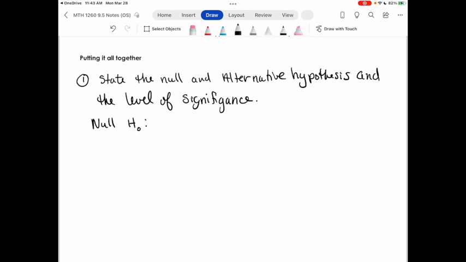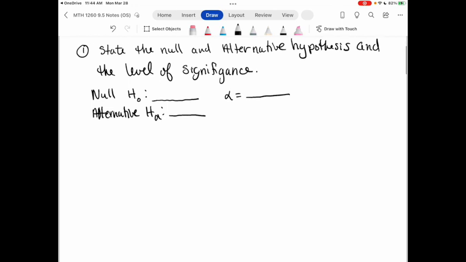So you'll say what the null is, which will be noted as H sub 0, and then you'll have some statement here. Then you'll have the alternative, which you'll have your HA, and then you'll make your statement here, and then of course you'll have your level of significance. So that's step 1.